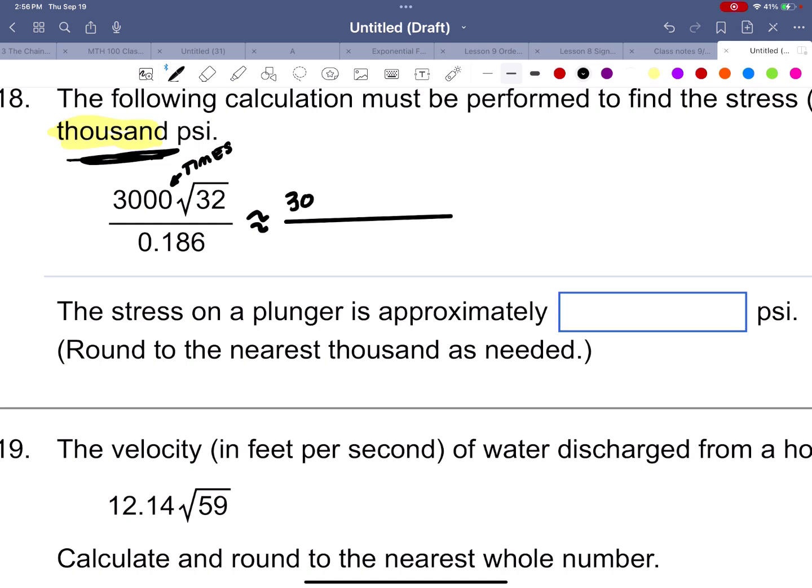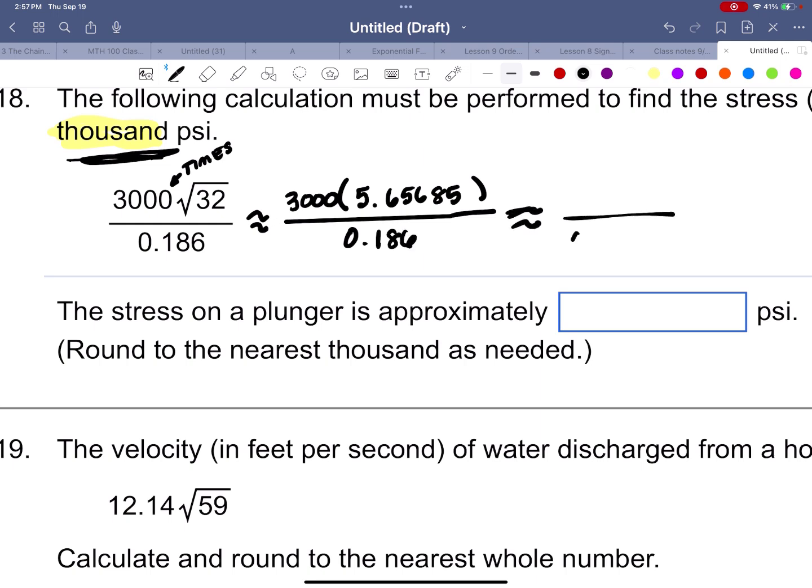So I've got 3,000 times, and I'm going to go maybe 3 or 4 decimal places. I'm going to go to the nearest 1,000, so 1 or 2 places is probably enough. But let's go 4. So we're going to go second x squared 32, and I'm going to get 5.65685, divided by 0.186.